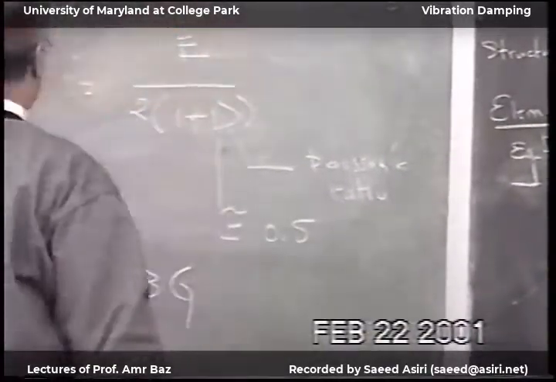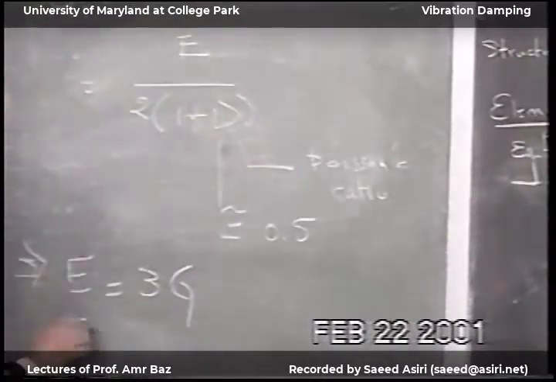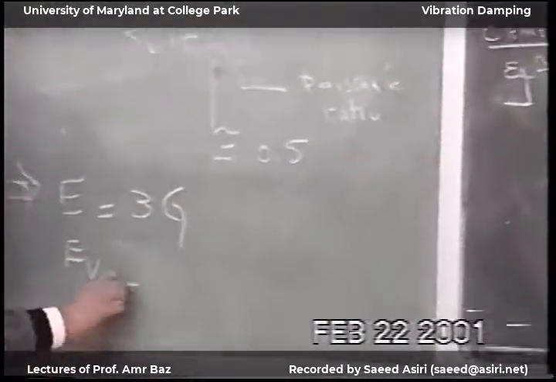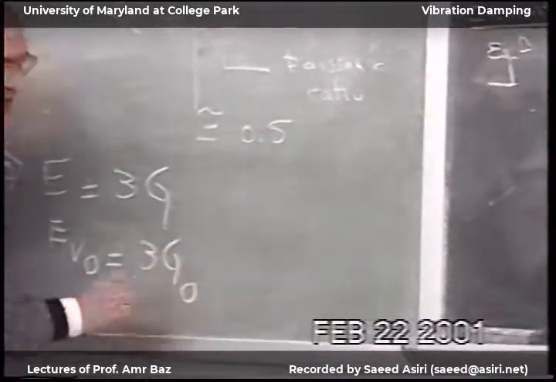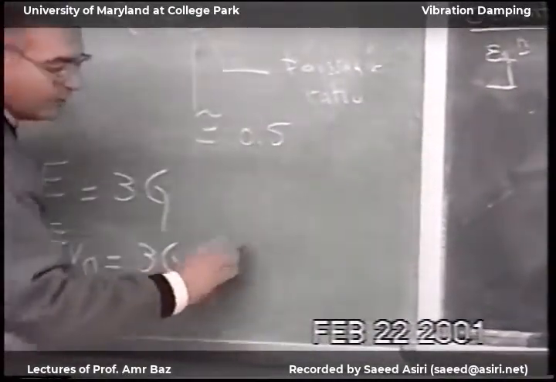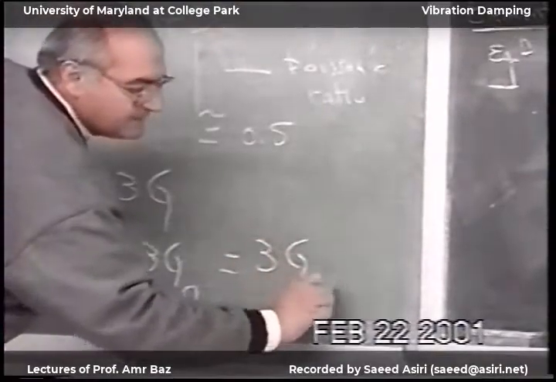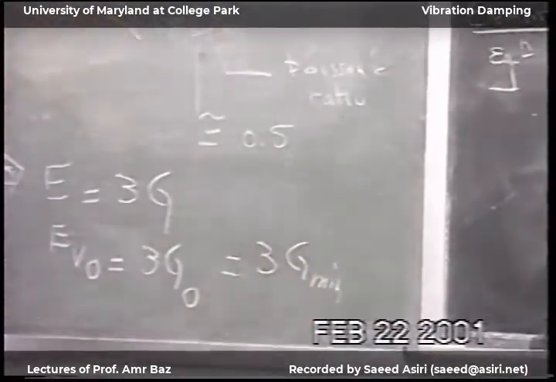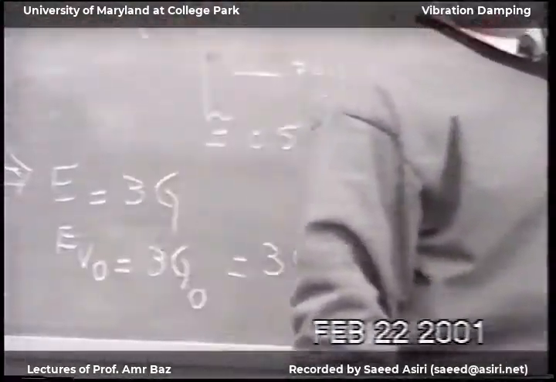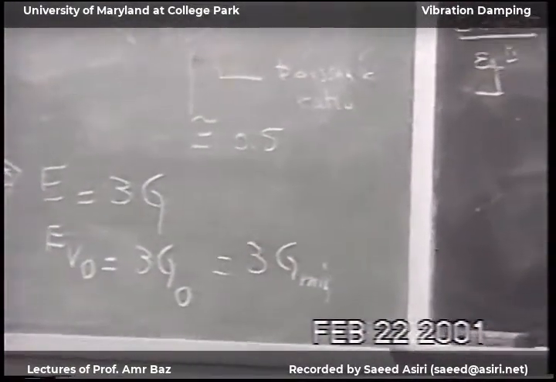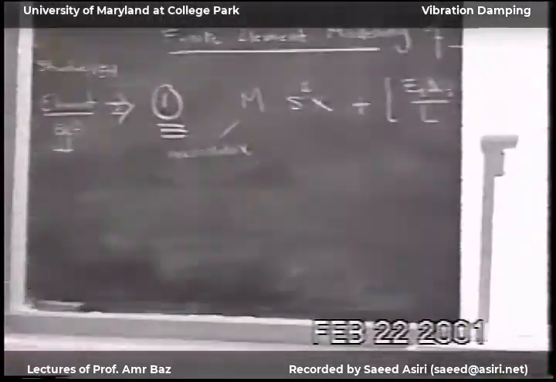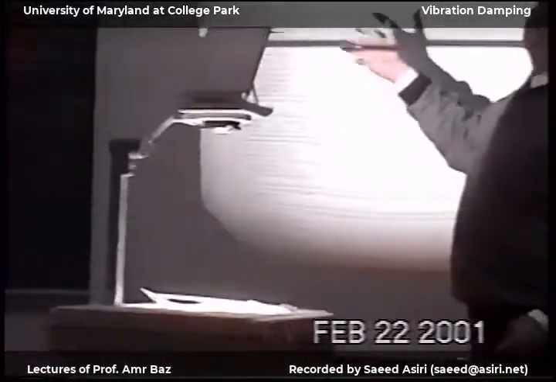Now I want to get Young's modulus of the viscoelastic at 0. So this is 3G0, or we called it in class 3G minimum. So now this number is 3G minimum. And then I convert it to Pascal.